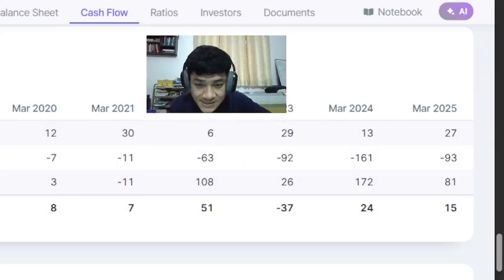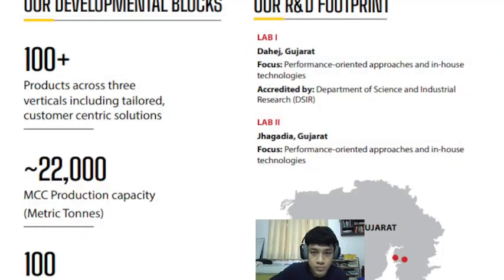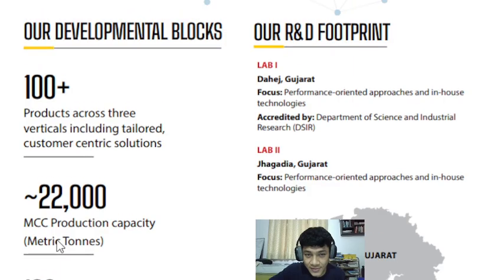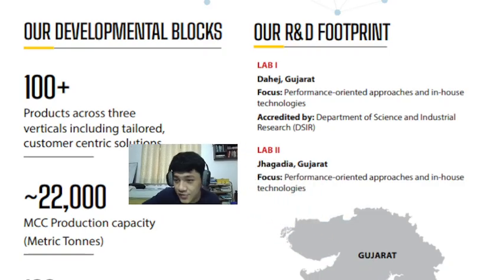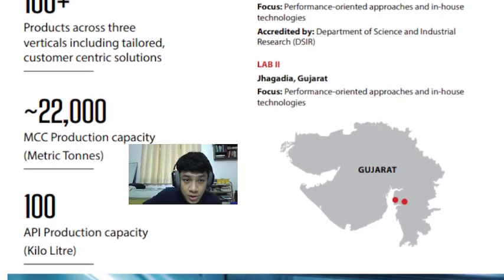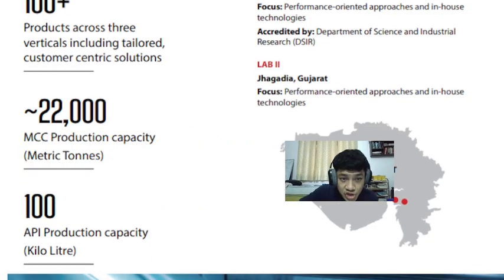So now let's see what the company actually does. Oh, wrong slide. All right. The company has been around for quite some time. Okay. This is the main product, MCC production capacity.